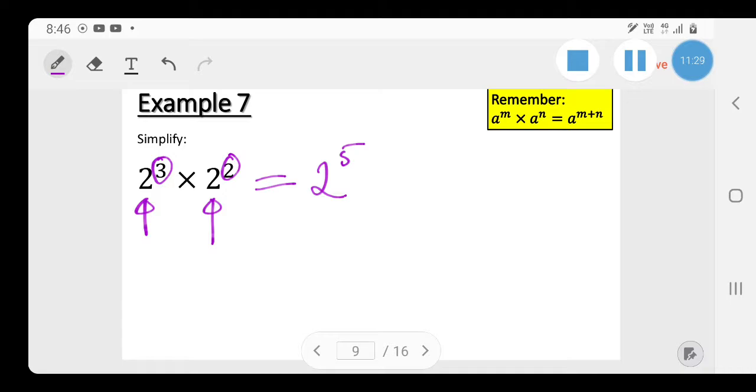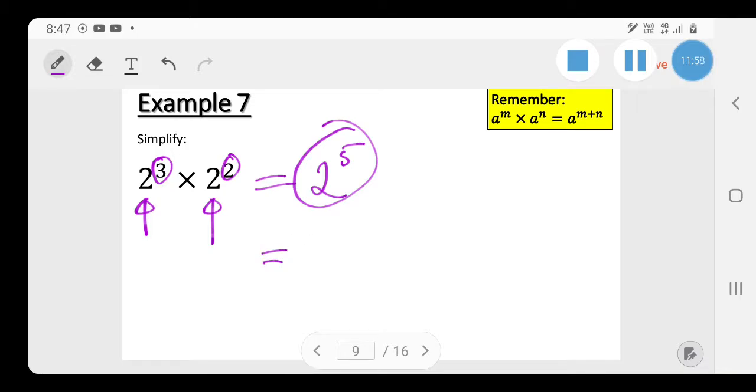Now, I think in the worksheet that you're going to do, when you do just number problems with indices, it says keep it in index form, which would mean keep your answer in this form. But I'm going to do something a little different and take this one step further, because if that was a to the power of 5, there's no way you can calculate a to the power of 5. But 2 to the power of 5, that actually has an answer.